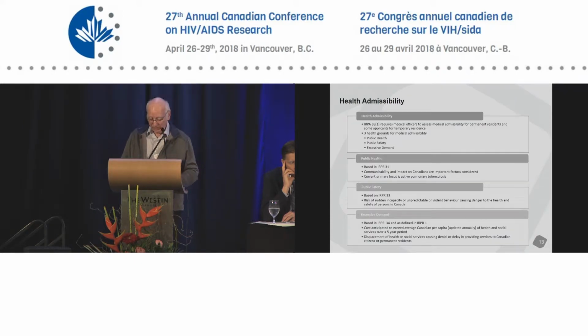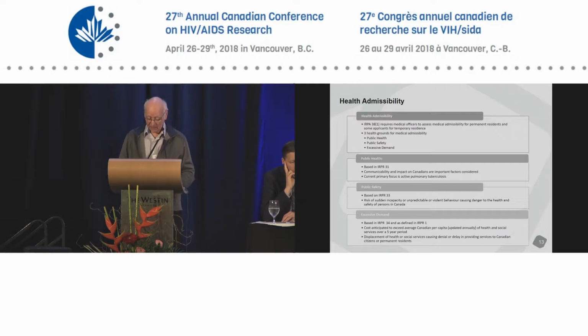This is a fairly important slide. It's a bit complicated. Under our current legislation, when we look at medical aspects of migrants who are coming to Canada, we have three things we consider. One is public health, the threats to public health, the threats to public safety, and concepts that are referred to as excessive demand.